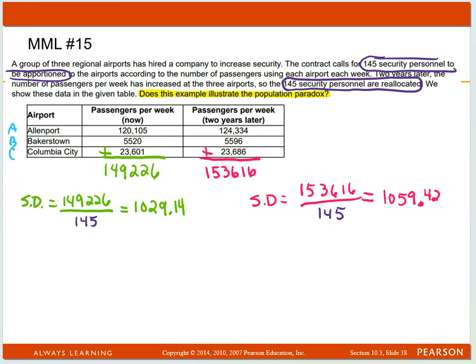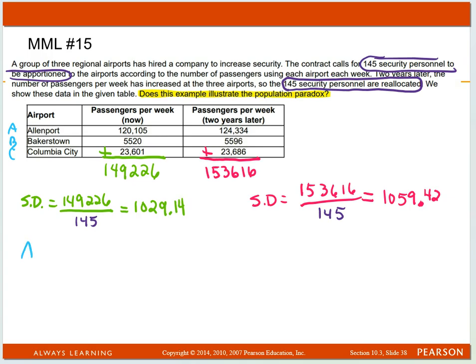So I went ahead and did the total in green, and it added up to 149,226. I took the total population, divided it by the number of security personnel to be apportioned, which is 145, giving me a standard divisor of 1029.14.